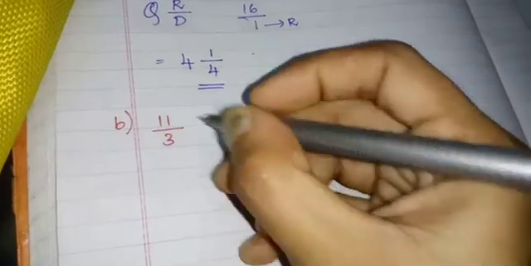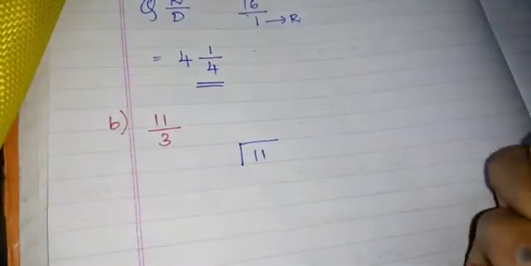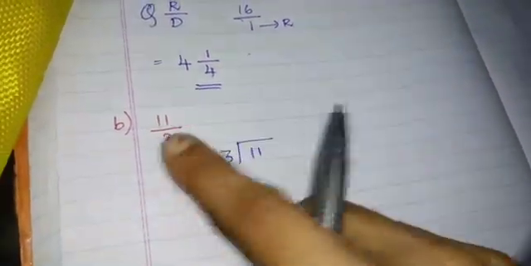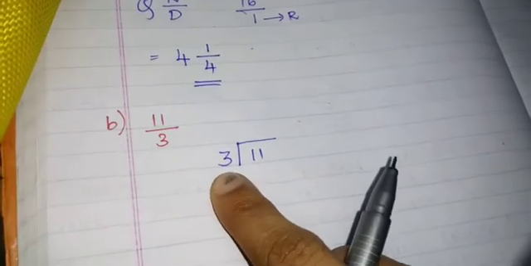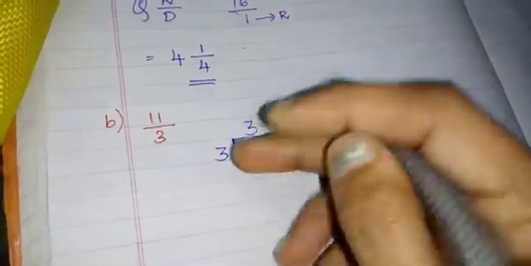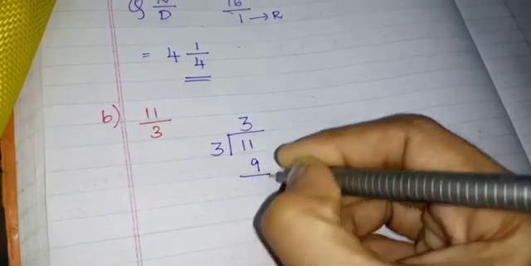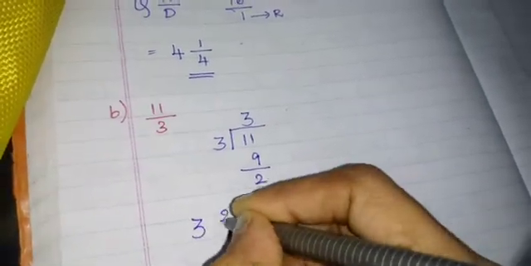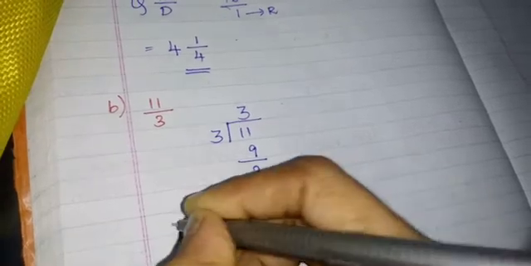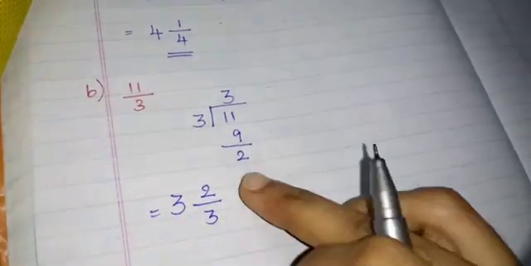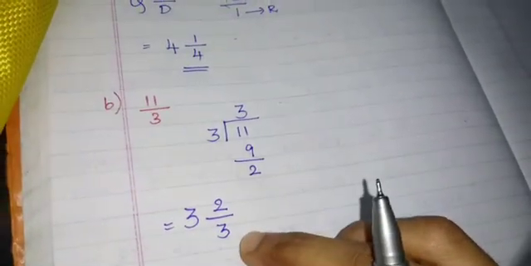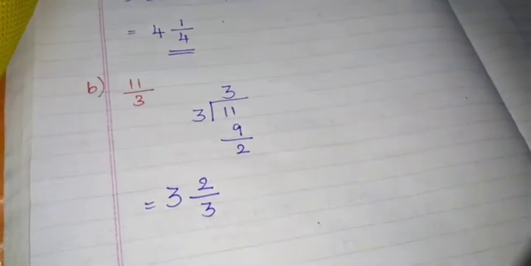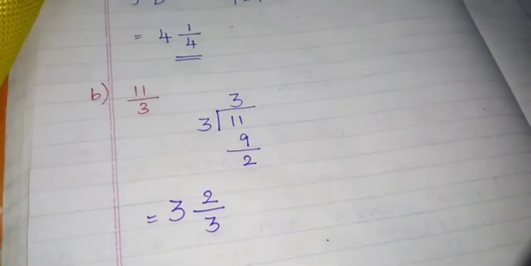The value in the numerator should come inside and the denominator is the divisor here. 3 3s are 9. Remainder 2. So how will you write? Quotient, remainder by divisor. This is how you will write the mixed fraction for the given expression. The remaining C and D problems are your homework.